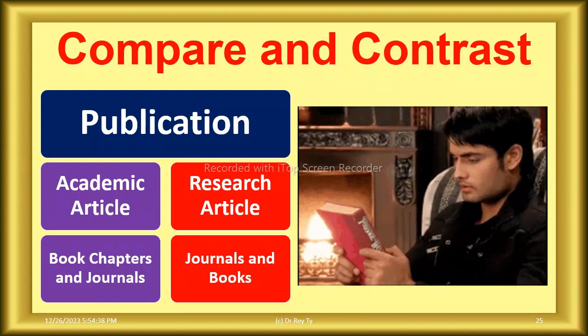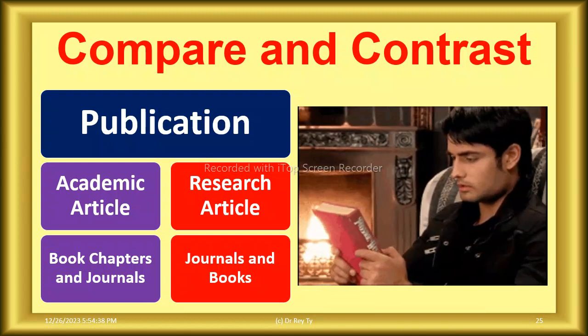Whereas research articles are published as journal articles under the section called research articles, and oftentimes dissertations or PhD dissertation, as they're called in the US, or PhD thesis, as they're called in the British system, are published as a whole book. And you have the format of IMRAD, Introduction, Methodology, Results, and Discussion, as a whole book.